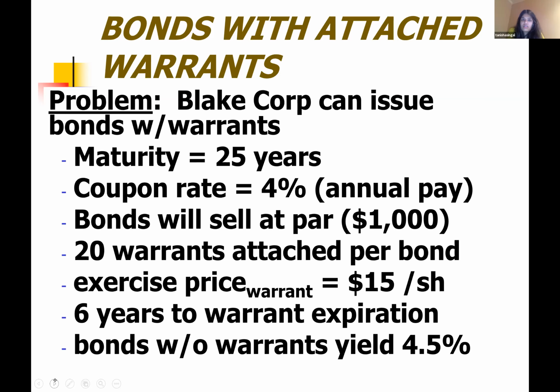If a bond investor buys these bonds and the stock really takes off, then they can exercise the warrants and make a good bit of money. And I'll show you how this works.